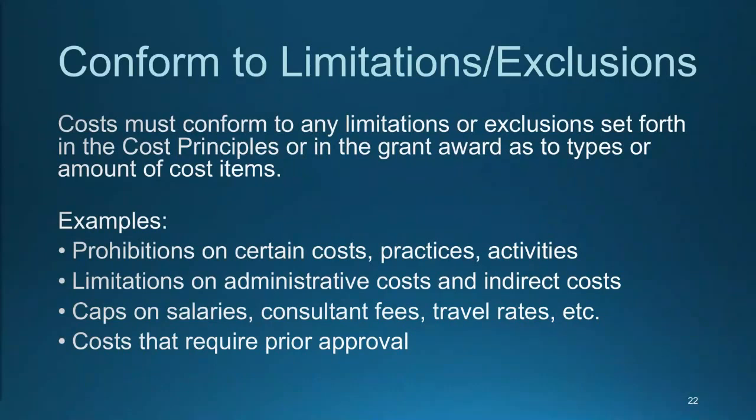So another criteria is whether the cost conforms to limitations or exclusions. So your administrative cost limits, prior approval requirements, the Uniform Guidance and UGMs on selected items of cost, they'll sometimes specify limitations, limit the extent to which a cost is allowable or not allowable. Idle facilities and idle capacities come to mind, for example.